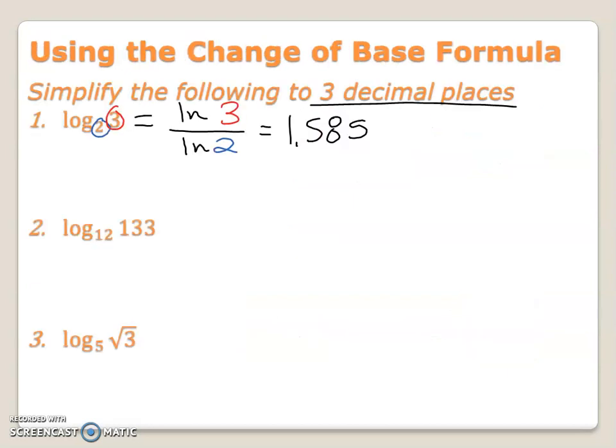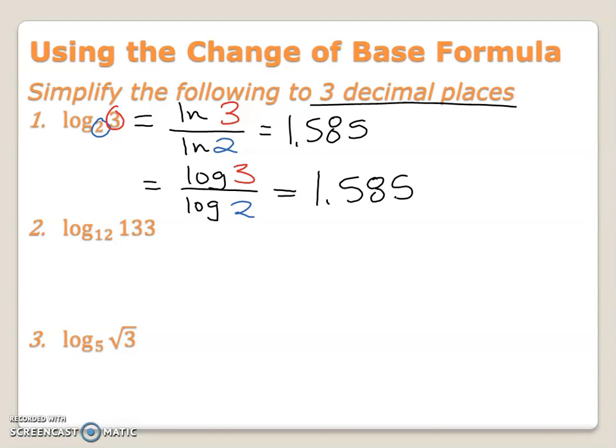So just to prove it, I could have also entered in log on top and bottom. My 3 still goes up top. My 2 still goes on the bottom. If I wanted to enter in that one, I would still get the exact same answer of 1.585. Both of them give you the right answer, so you can pick which one you want to use.